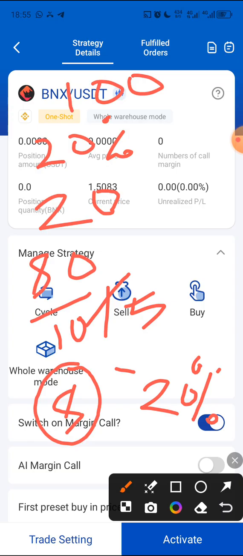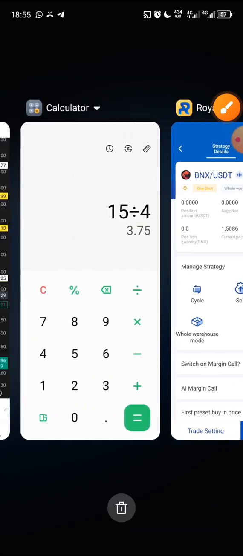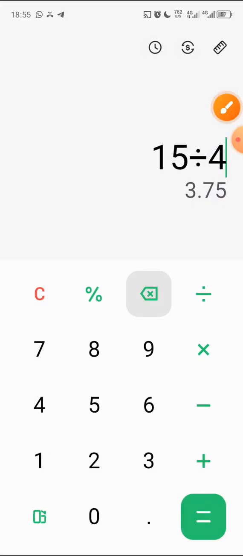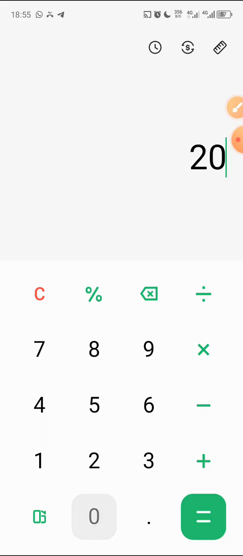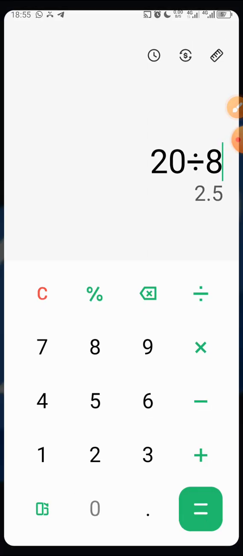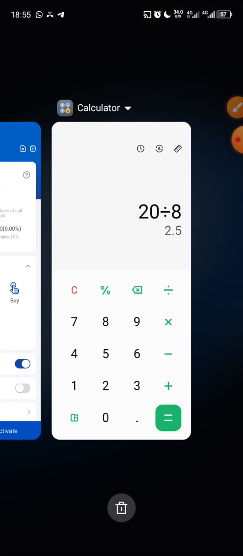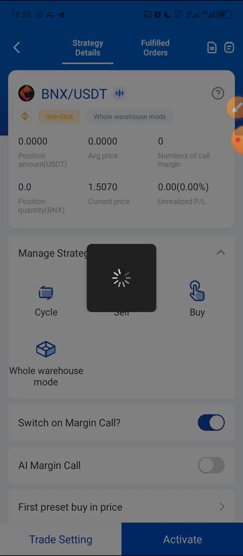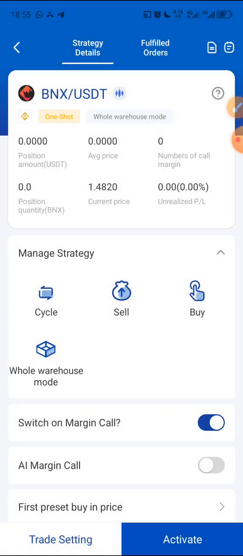So you can decide to say 20 divided by 8. It will give you a margin call drop of 2.5 on each margin call. 2.5 on each margin call.